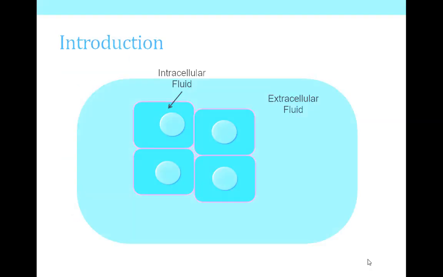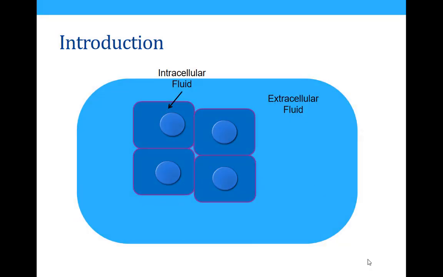Okay. Now, if you remember, we have two major compartments of water: intracellular fluid and extracellular fluid. Which ion, out of the three we are discussing today, the sodium, potassium, and chloride, is in high amounts inside the cells?